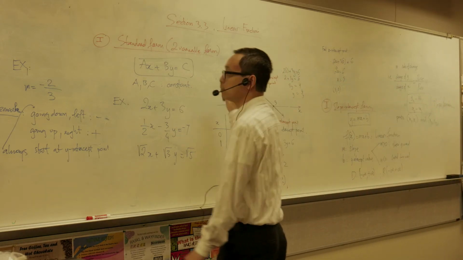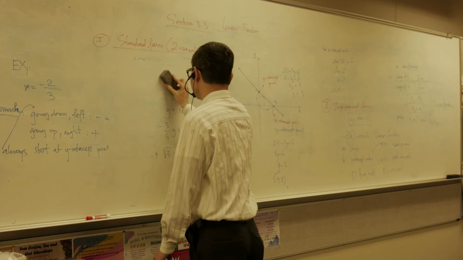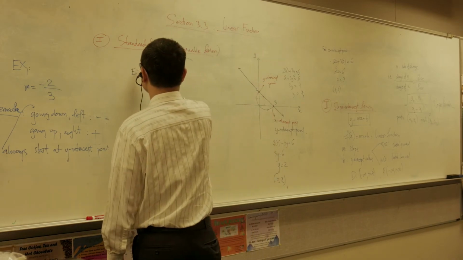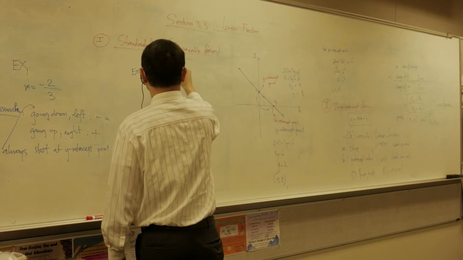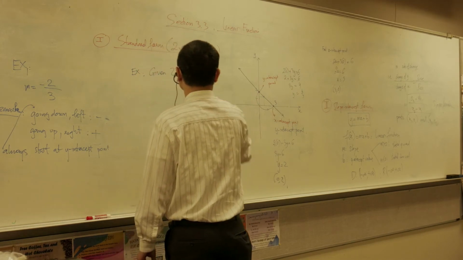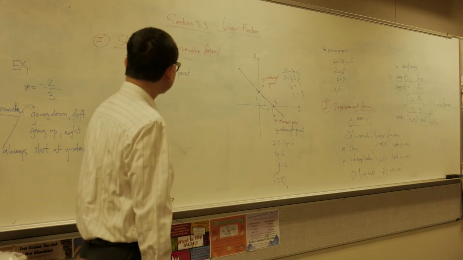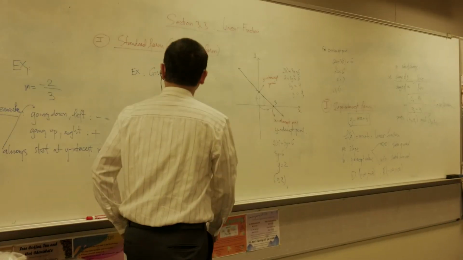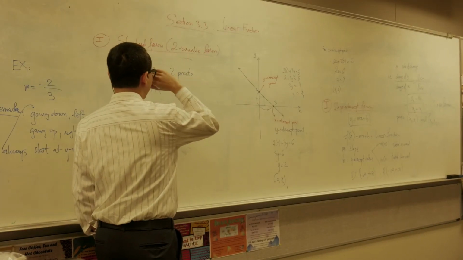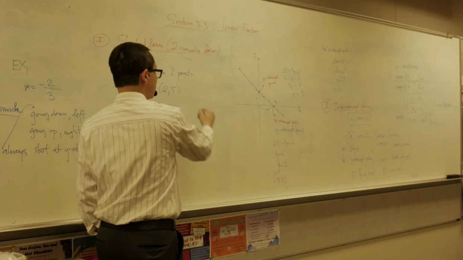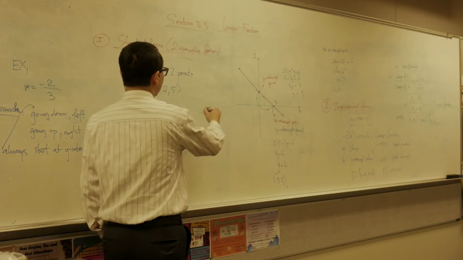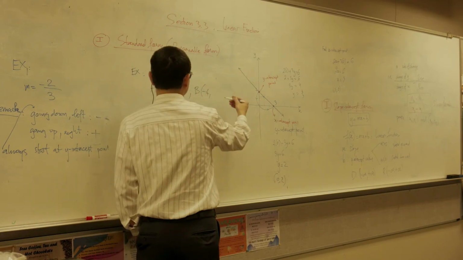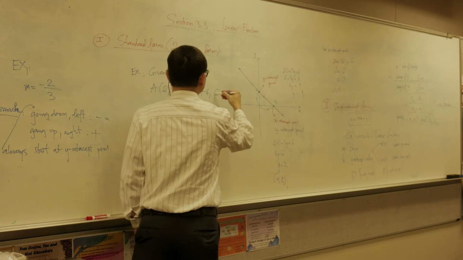On example number 2, given 2 points, the first one I call point A, the coordinate is 2, 5. And the second point I call point B, the coordinate is negative 4, 6, for example.